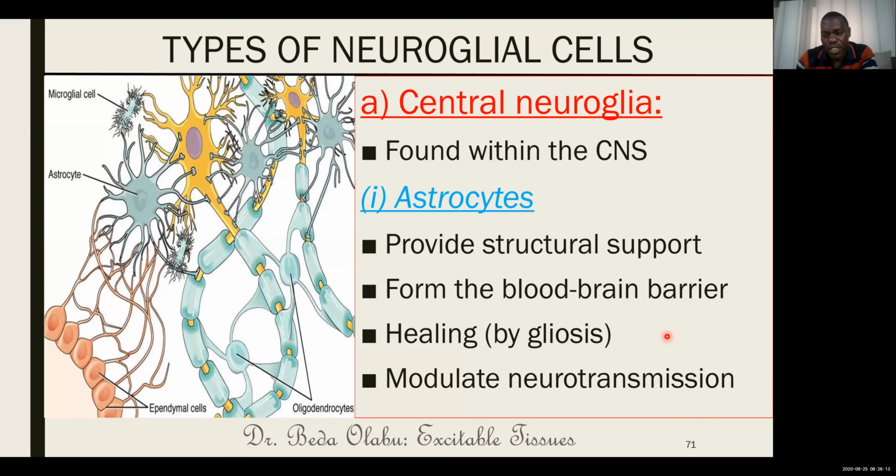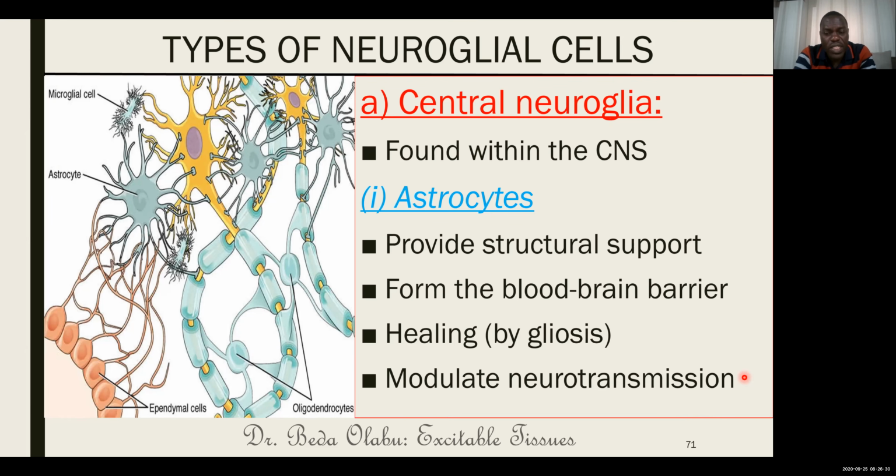Last but not least, astrocytes modulate neurotransmission. Neurons communicate with one another through what we call synapses.